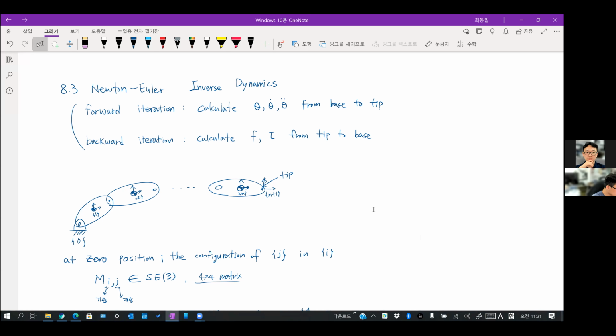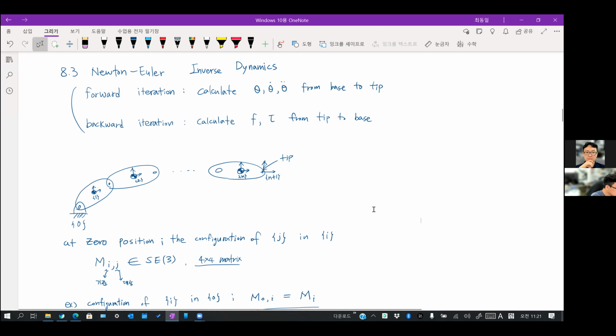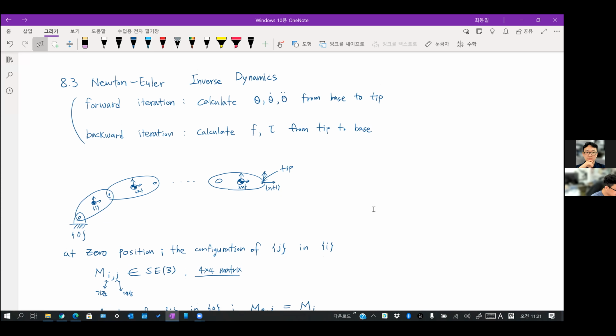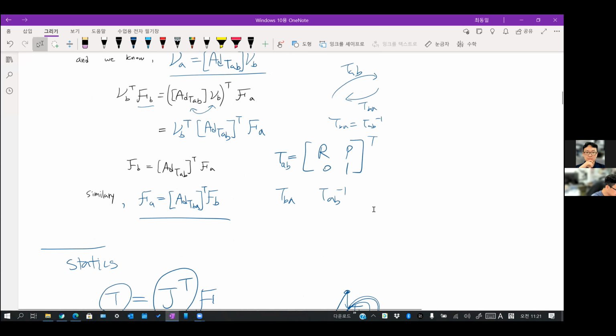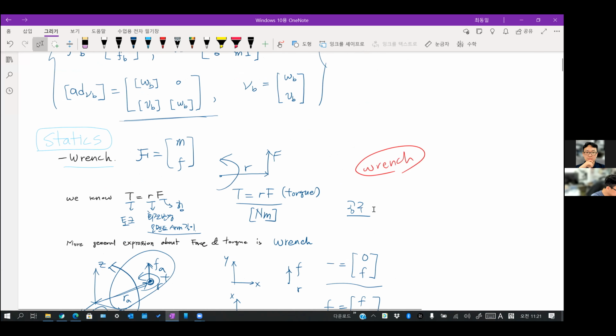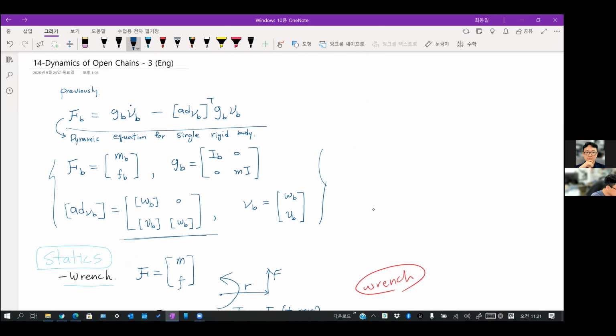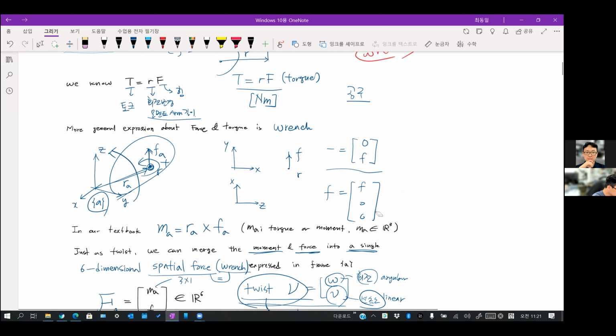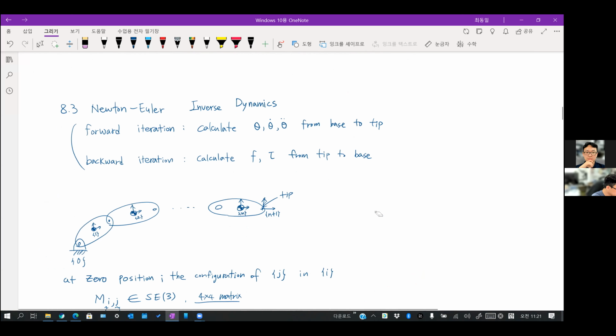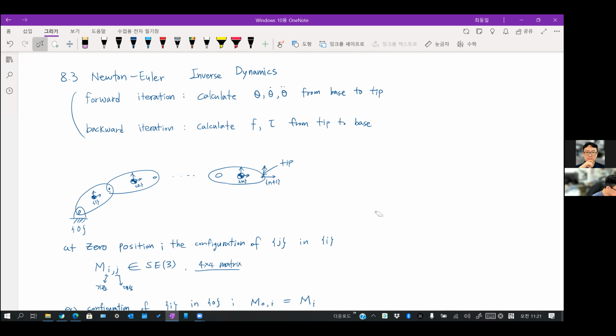Okay, the Newton-Euler inverse dynamics. We learned about the single rigid body dynamic equation, this one. By using this one, we can also construct the multi-body dynamic equation.